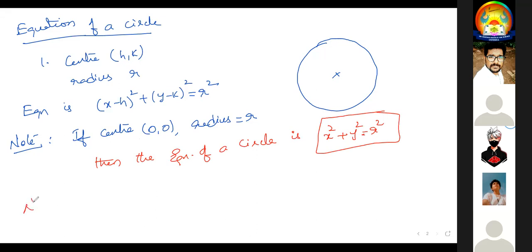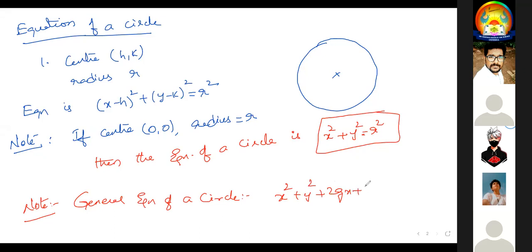And one more note: the general equation of the circle. Generally, every figure has a general equation, and the circle also has one. The general equation of the circle is x square plus y square plus 2gx plus 2fy plus c equal to 0.